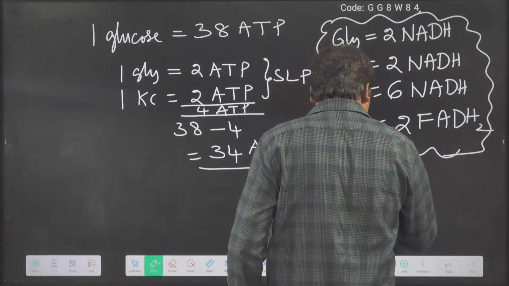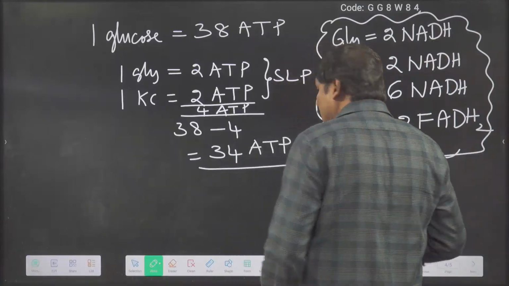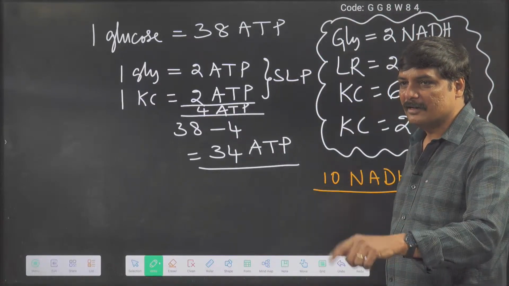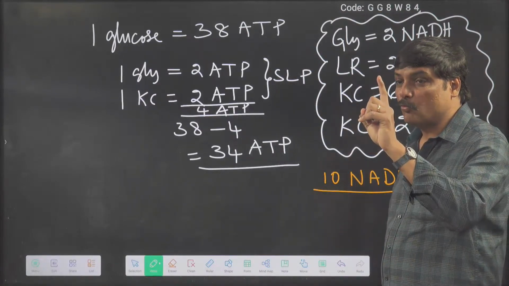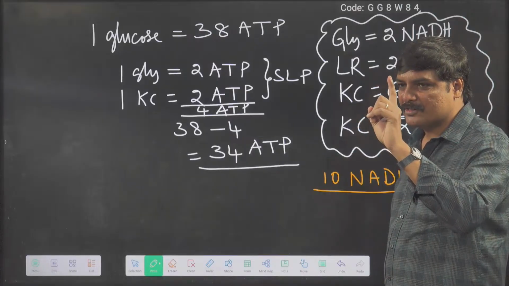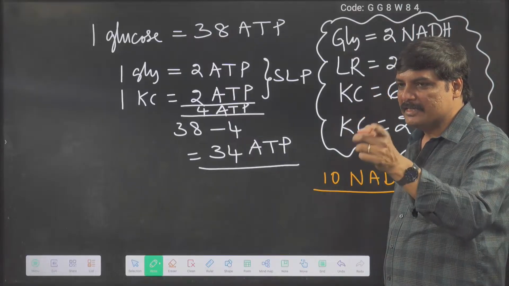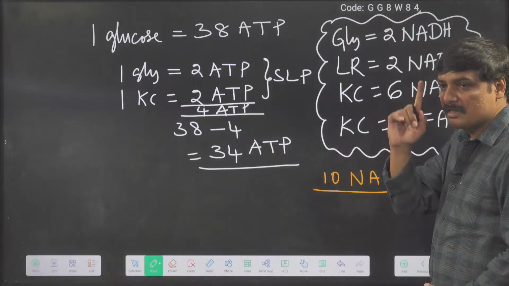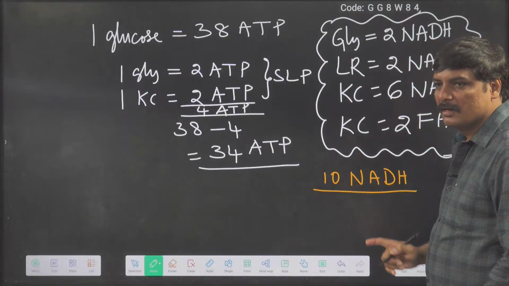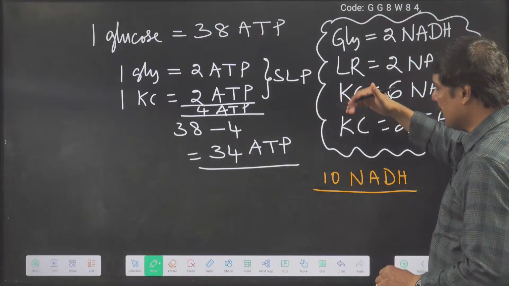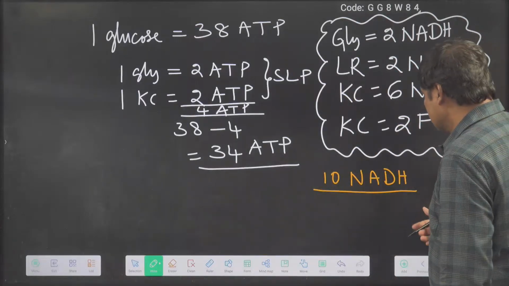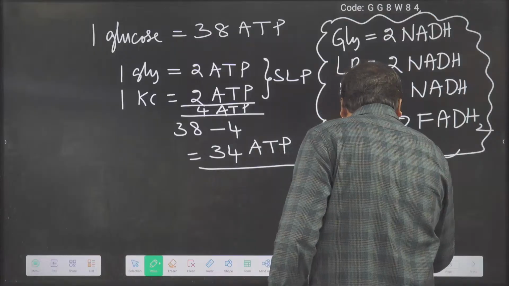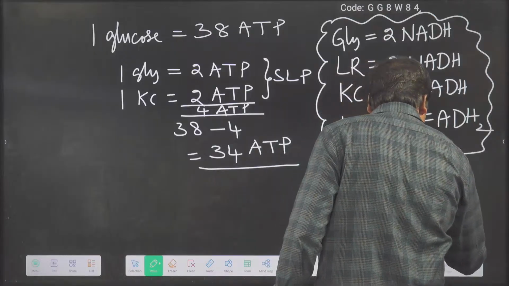Now these NADH are oxidized in the complex 1, the first complex. Each NADH is oxidized in complex 1, and at the end of the ETS, each NADH produces 3 ATP.